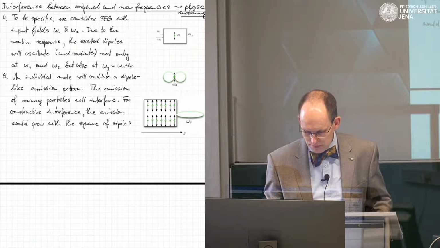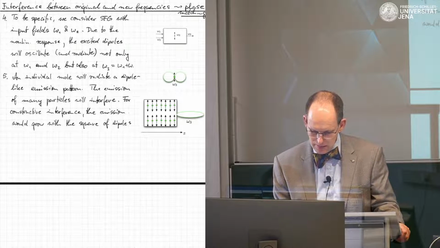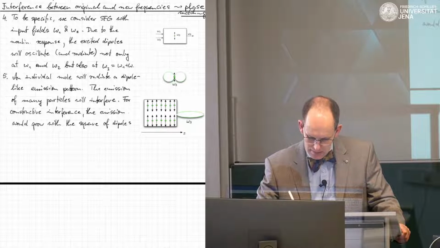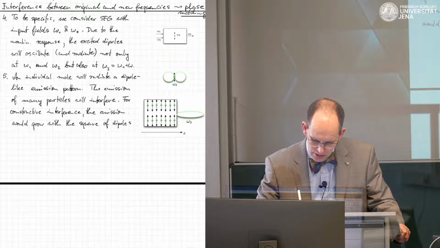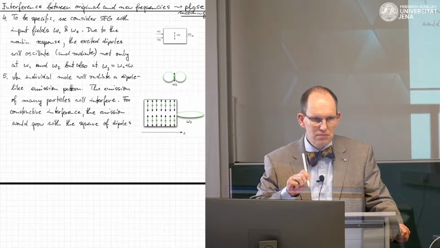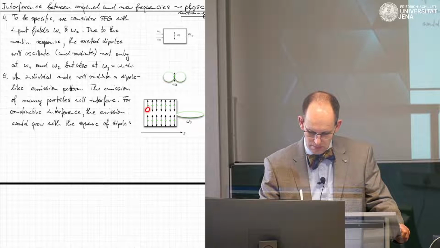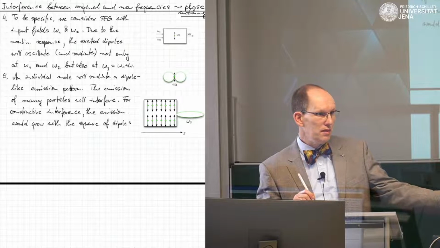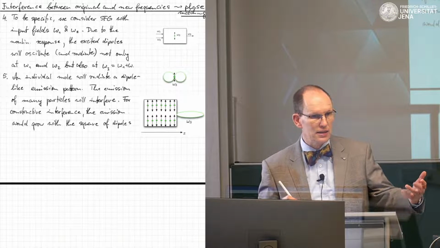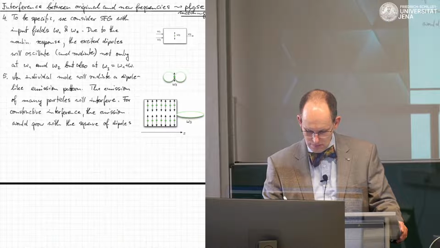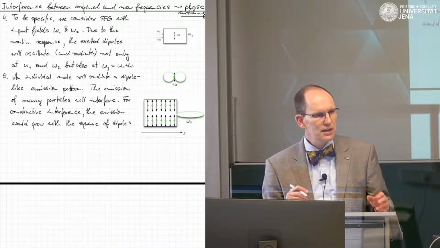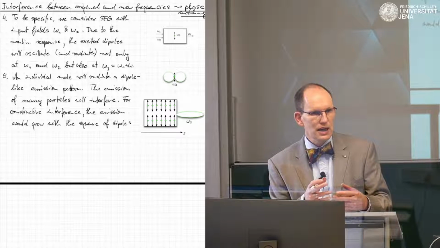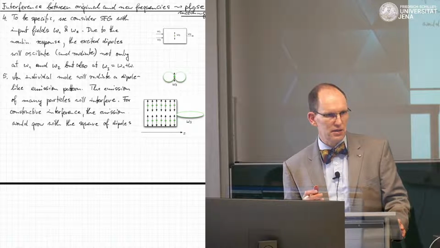Well, imagine you have a birefringent crystal and the light that excites these dipoles oscillates perpendicular to the drawing plane and thus sees maybe a different refractive index than this one here, right? Then you can match both phases.